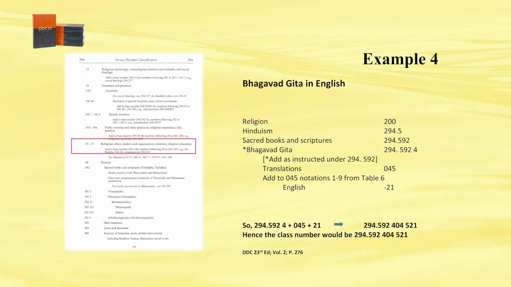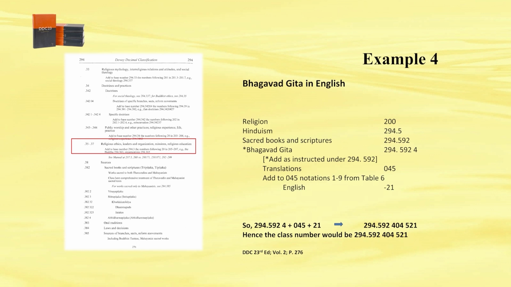And you know that Table 6 is dedicated for languages. There, for English, the number is 21. So, we have got the number for Bhagavad Gita, numbers under special subdivision for translation is 045, and here we have got an instruction to add notation 1 to 9 from Table 6. Hence, we have found the number for English, that is 21.